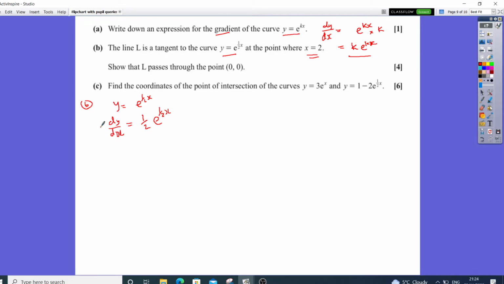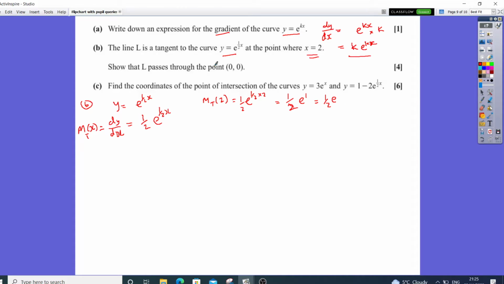So if that is the function of the gradient at any point x for the tangent, then I can say the gradient of the tangent when x is equal to 2, I put it through here, it's going to be half times e to the power, now this will be a half times 2, which will just equal 1, e to the 1, which we can just write as a half e.